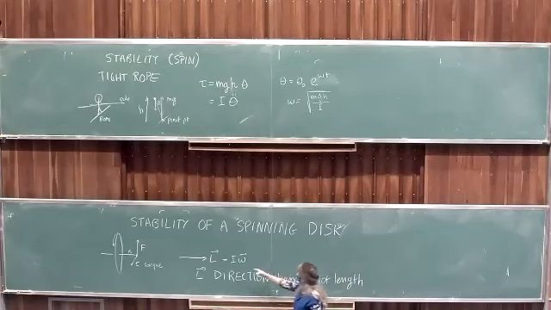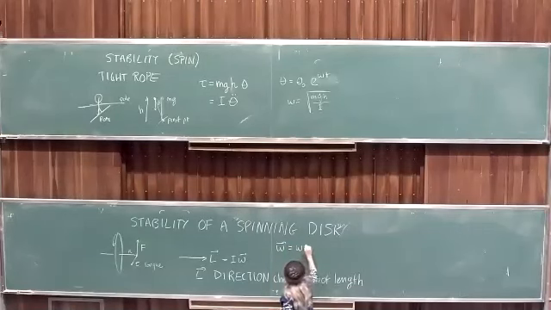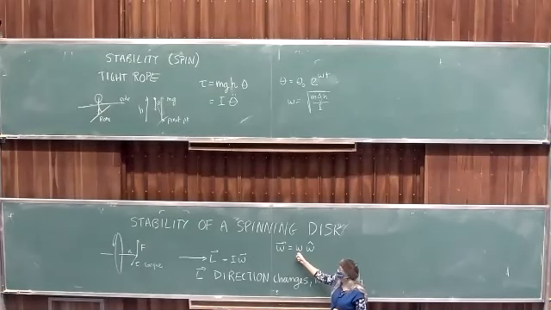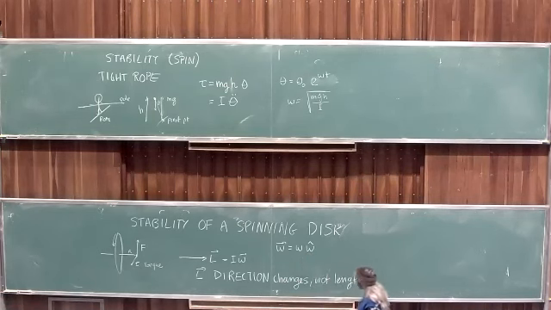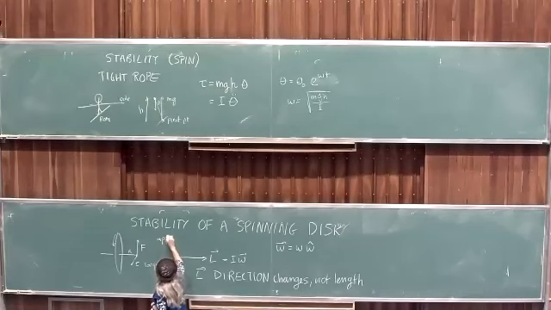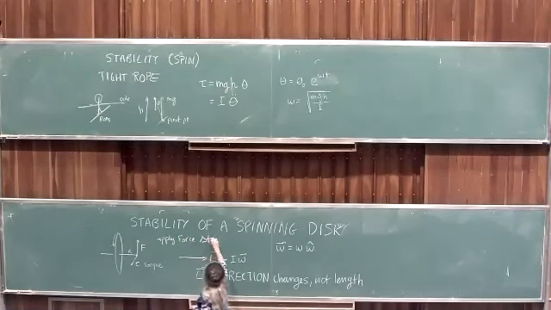If I change the length, I'm changing omega, which is some length times the direction. If I exert the torque in the same direction as the angular momentum, then I change the spin rate. If I exert the torque perpendicular to it, then I change the direction, not the length. Okay, so let's apply this force for a time delta t.